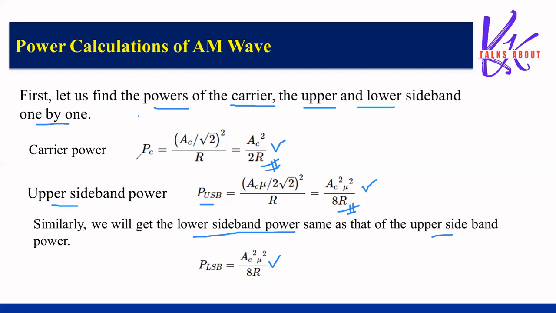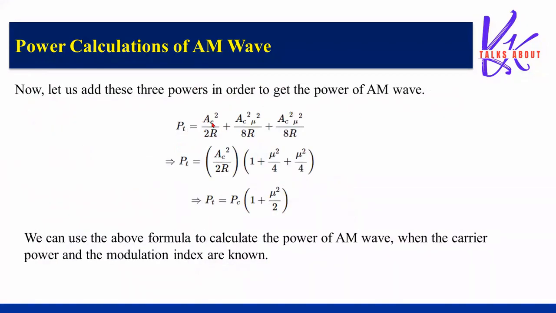So the total power consumed is given as the sum of the carrier power plus the upper sideband power and the power consumed by the lower sideband. Substituting those values here, we get PT equals, by taking Ac square by 2R as common from all the three terms, Ac square by 2R into 1 plus mu square by 4 plus mu square by 4.